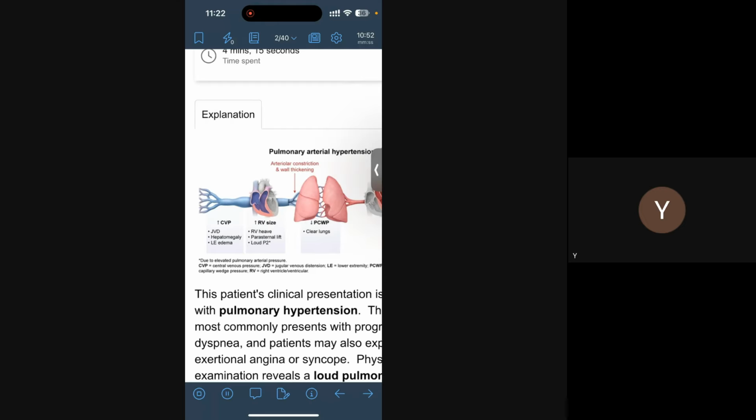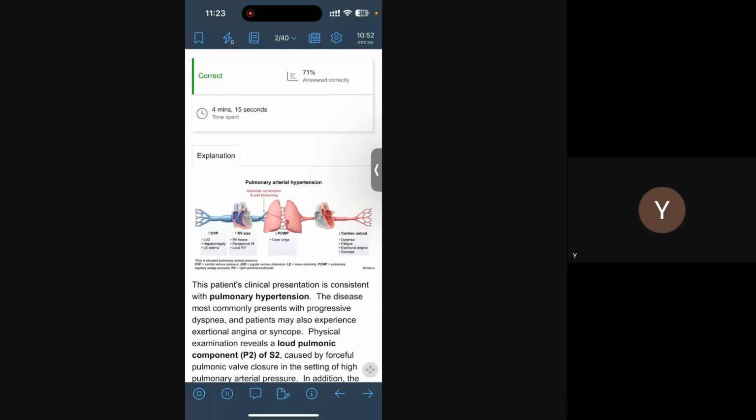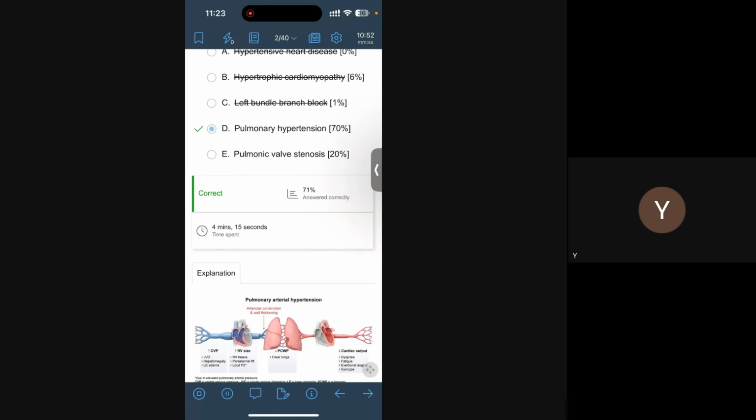Sometimes they come closer to each other, sometimes they get wider, and it depends upon different scenarios, whether there is pulmonary hypertension or arterial hypertension. Splitting is a physiological thing, but the changes which occur in the splitting can help us explain what type of splitting it is. It can be paradoxical.